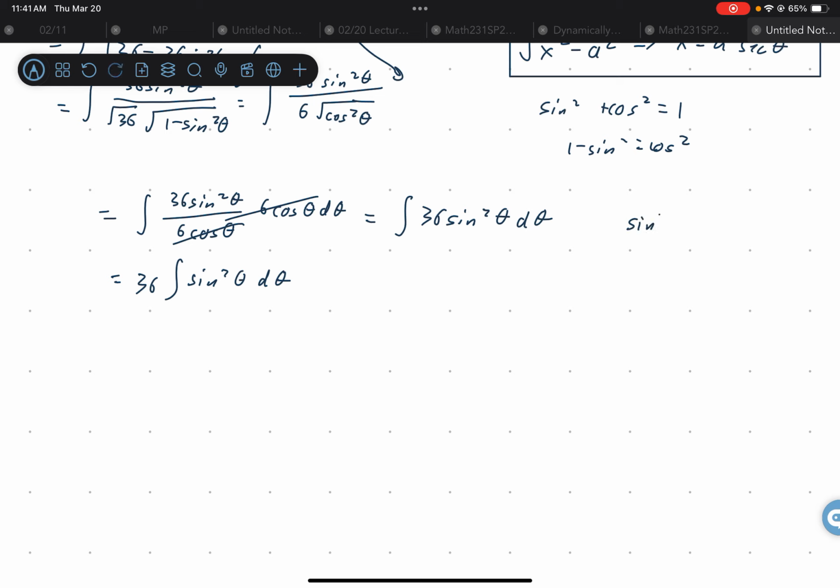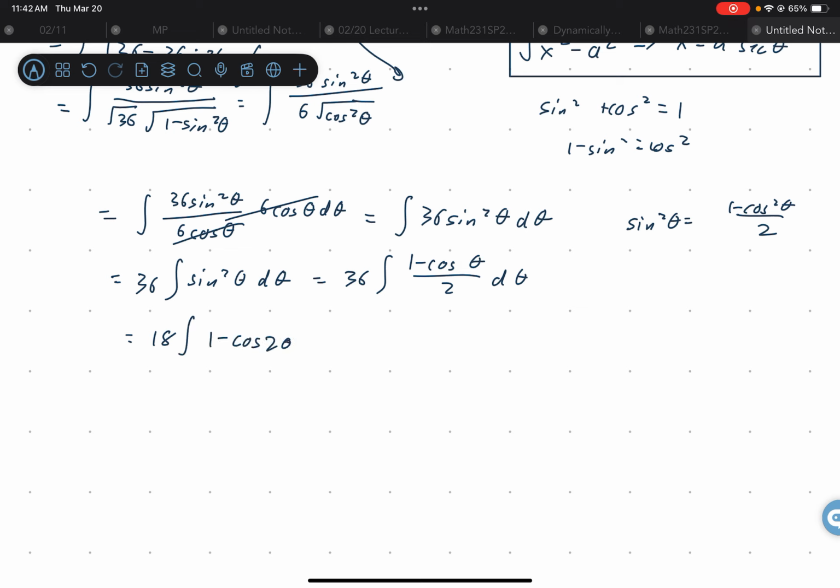So we know sine squared of theta equals 1 minus cosine 2 theta over 2, right? So we'll plug this in because this is a lot easier to solve. So 36 times 1 minus cosine 2 theta over 2 d theta. And then factor out the 1/2. So 36 times 1/2 is 18 times 1 minus cosine 2 theta.